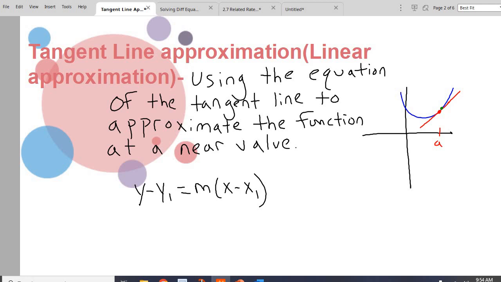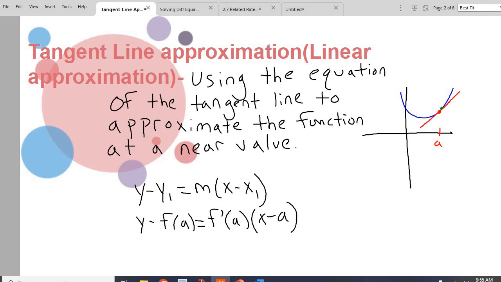The derivative at whatever my value is, which in this case we're labeling as A. So then what would my Y value be in function notation? If my X is A, then Y would be F of A. So this would be Y minus F of A equals the derivative at A times X minus A. We're all okay with that?